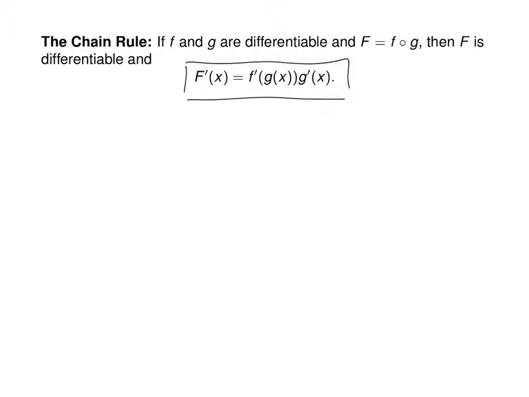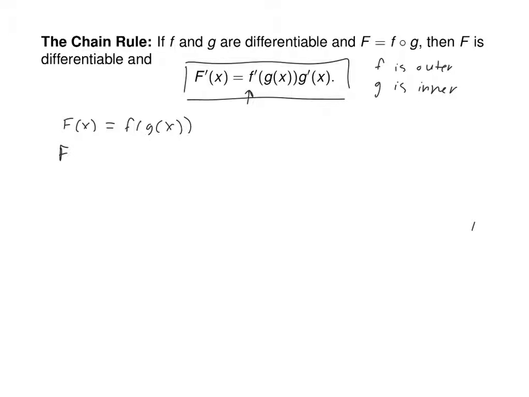So let's talk about what that means. First of all, what function is f? Is f the outer or is f the inner function? f is the outer. g is inner. So F of x is f of g of x.